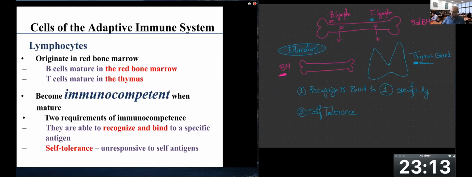So in order to not destroy your own organs and still recognize infections taking place inside your cells, like in a viral situation, you need to do two things to become self-tolerant.